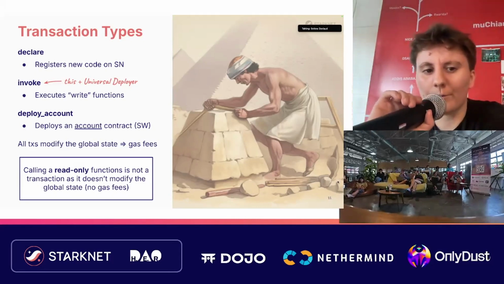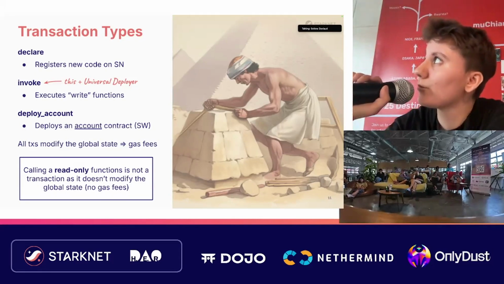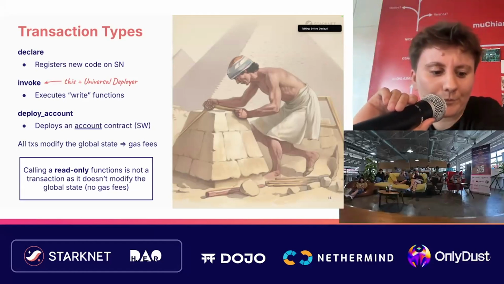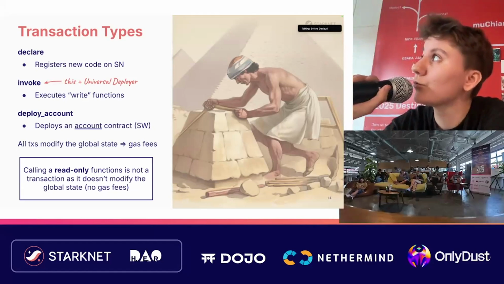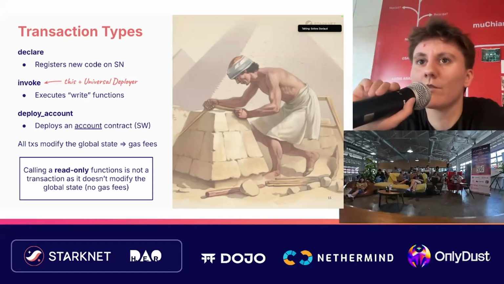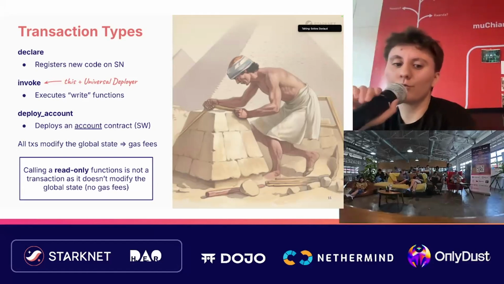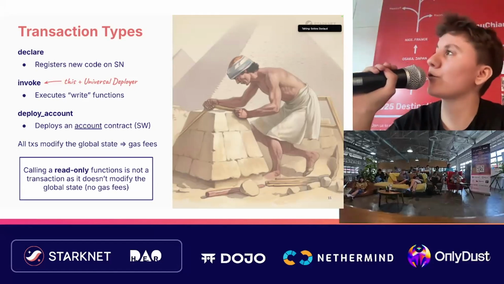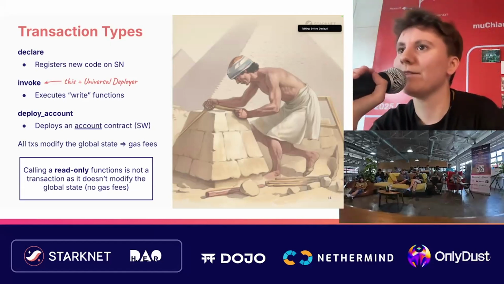transaction type, in fact, the universal deployer is behind this one, just to deploy your smart contracts, and after that you are able to write functions to modify the global state of your smart contract. For that, you have to pay gas, because when you write, you modify something, and when you modify, you have to pay.